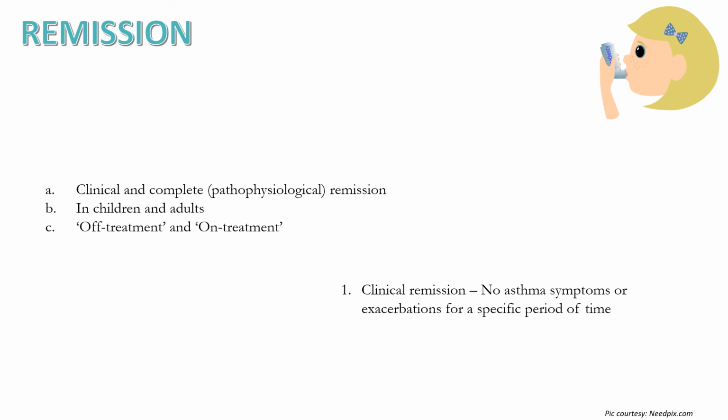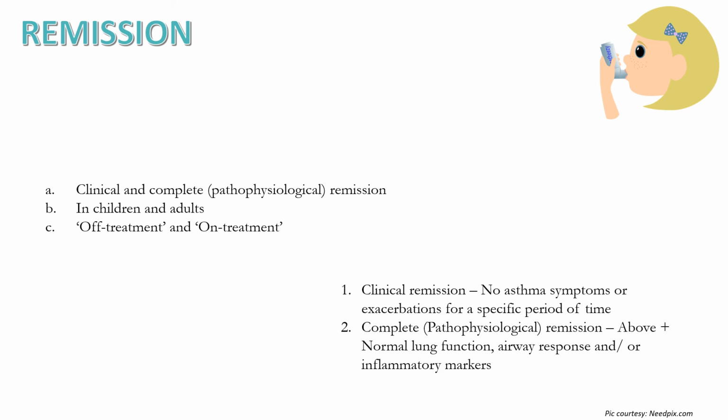So clinical remission is basically no symptoms of asthma and no exacerbations because of asthma for a specific period of time. And complete or pathophysiological remission means that there is clinical remission, but along with that the lung functions have also returned to normal, and there is no airway hyperresponsiveness and no increase in inflammatory biomarkers.